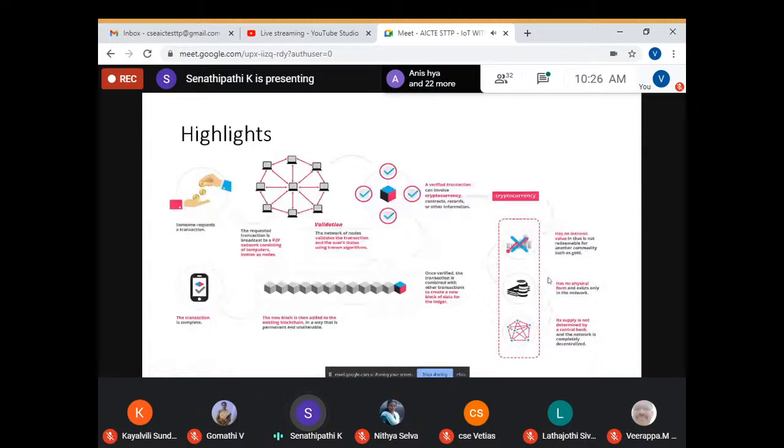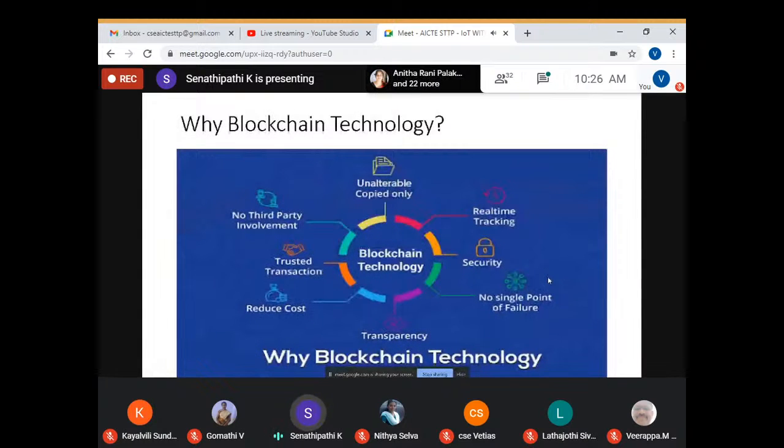So why blockchain technology? These are the advantages of blockchain technology. Here no third party is involved, and it is unalterable, because every block has a hash value and the hash value of the previous block.